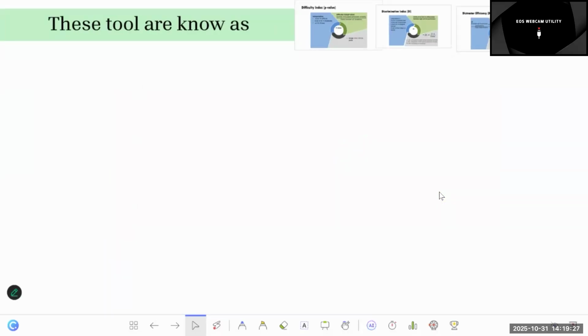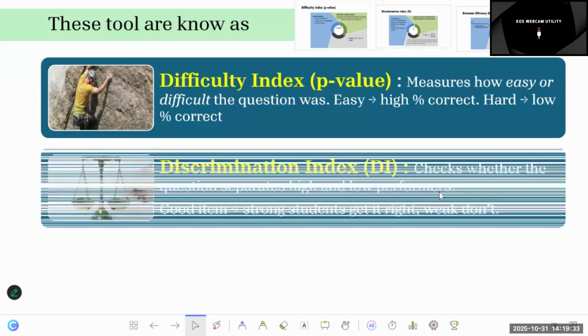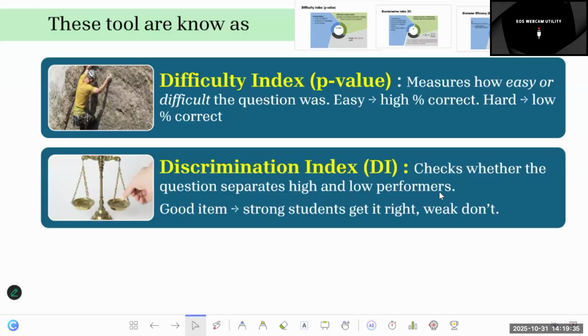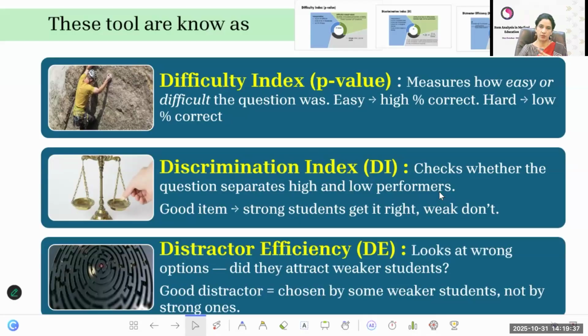So what is a non-functional distractor? A distractor which is chosen by less than 5% of the students is known as a non-functional distractor. To say it in other words, a distractor which is chosen by more than 5% of the students is a functional distractor. So what are these three measures of item analysis? First is the difficulty index, facility value, p-value.